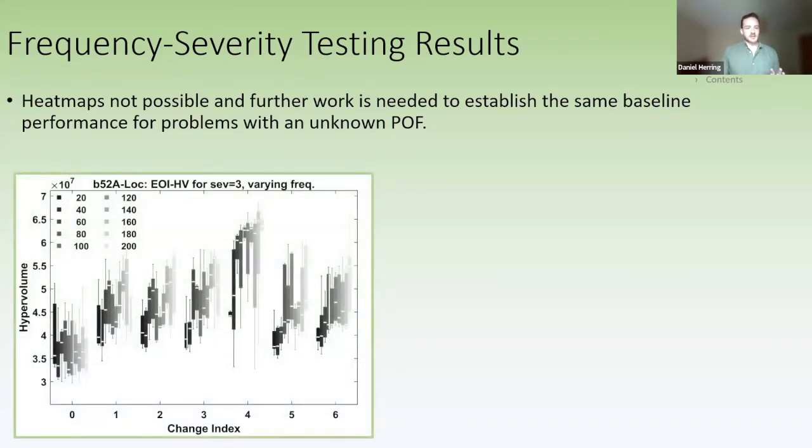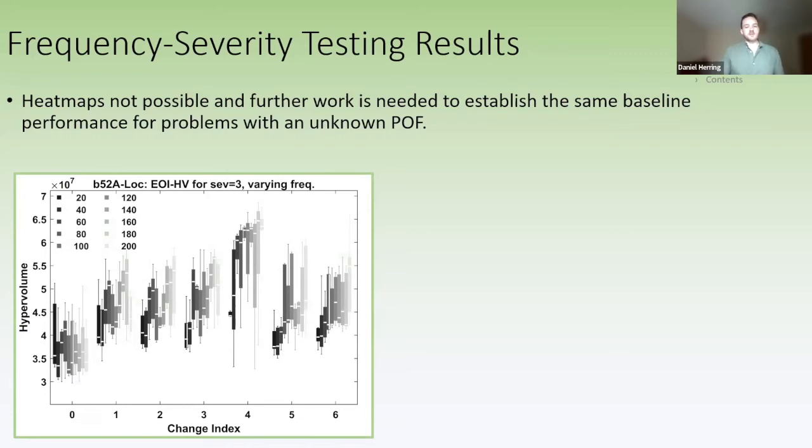Shown in the figure is the 52-city A-type problem with a severity of change 3 and a varying frequency. The x-axis shows the change index, with 0 being the measurement of hypervolume taken just before the first change, where the algorithm has had a standard 50 generations to warm up, if you will.